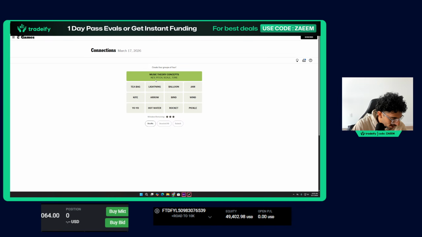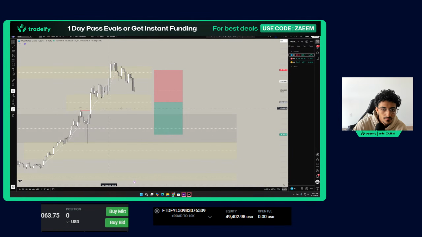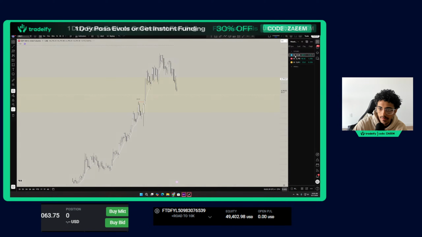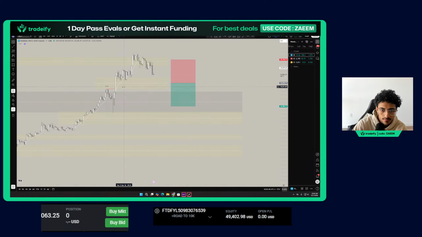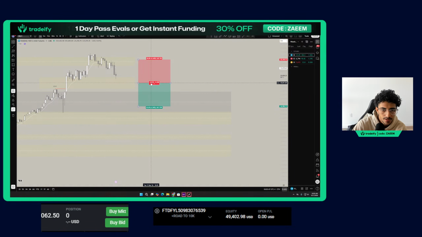Yeah, we can also take something out of this 15-minute. Yep, that's what I'm looking at. That's what I'm thinking about. I'm seeing the rejection on NQ and ES. And I feel like it's ready. I feel like we're ready to come down. Entry will be around 41 whenever we do get it.